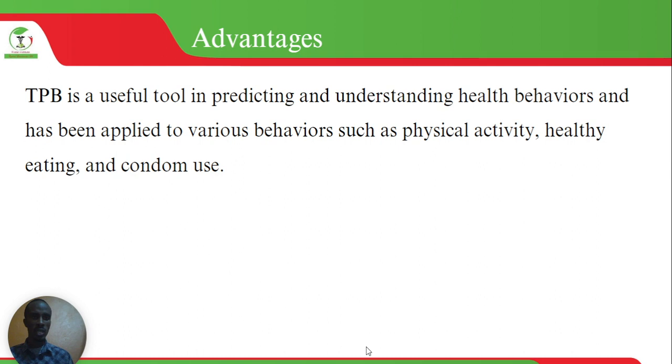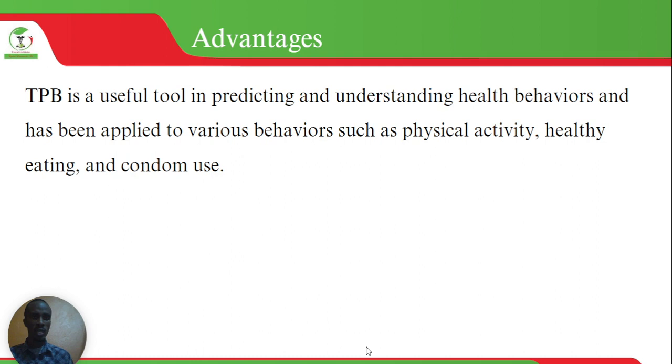Once someone changes from being physically inactive to being physically active, then you can confidently say that they have a better health behavior. Then healthy eating to prevent issues like obesity and the diseases that come along with it, and then condom use to prevent unwanted pregnancies and STDs.